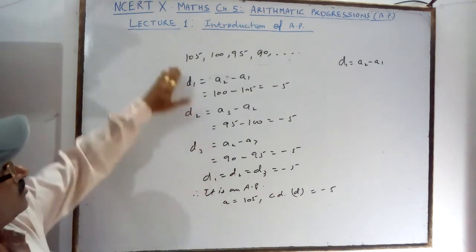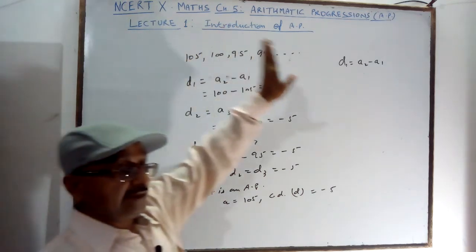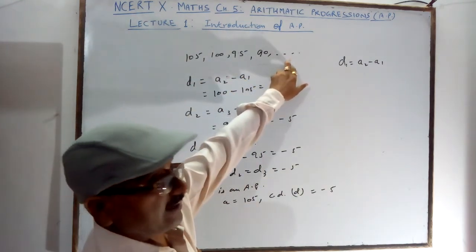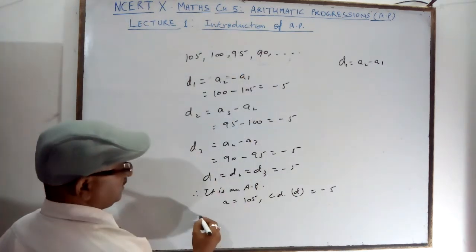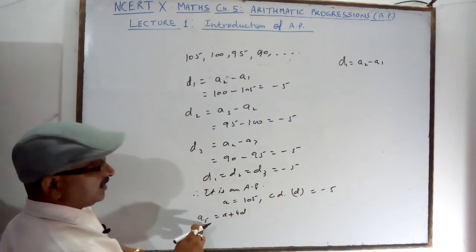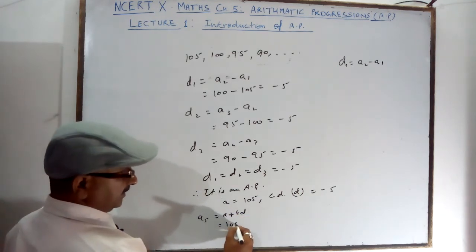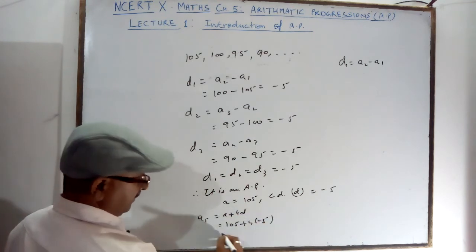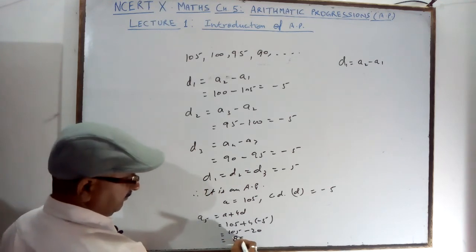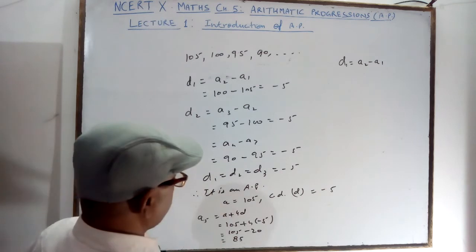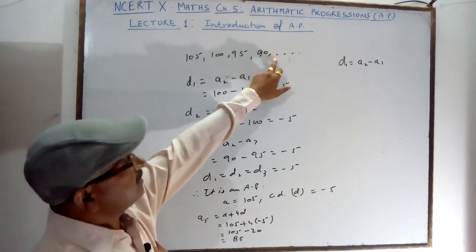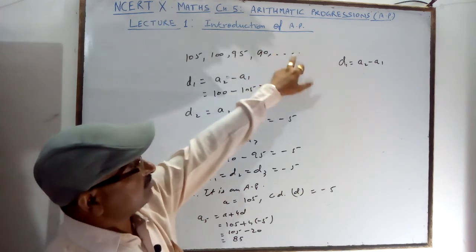Now we want the next two terms. Four terms are given, so a5 is a plus 4d, which is 105 plus 4 into minus 5, that is 105 minus 20, which is 85. Directly, you can also write 90 minus 5, which is 85. Then 85 minus 5 is 80.